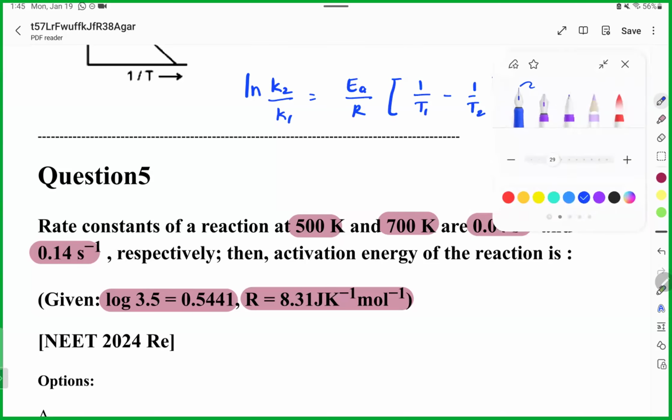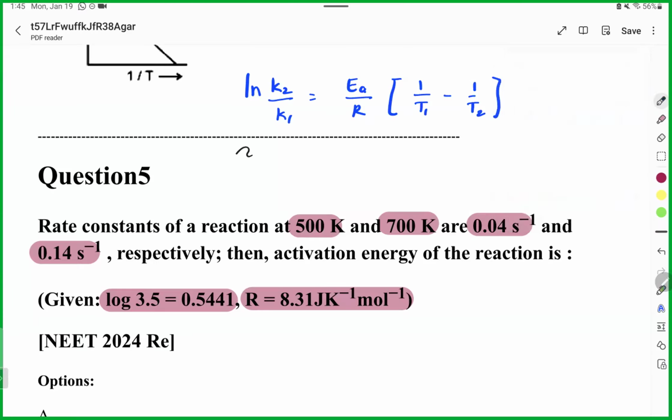Okay. So put the value and the log K2 value is 14 divided by 4, 7 by 2.